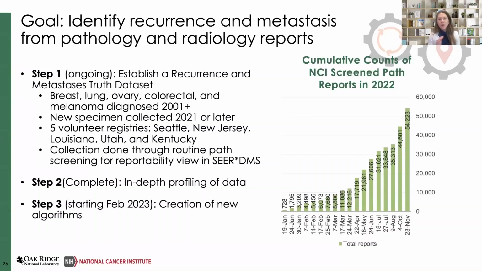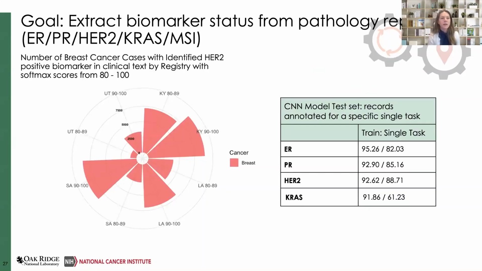So this has been a great collaboration. And now that we have this data, we are able to develop the predictive models and hope to have a new model that will be able to predict recurrence or metastasis in SEER data.